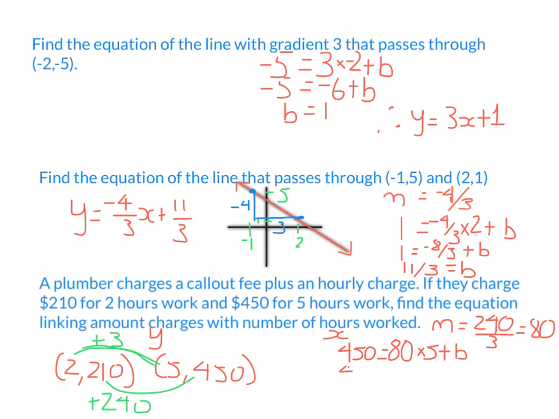I get 450 equals 80 times 5 is 400 plus b. And of course, that means b equals 50. So this plumber charges $80 per hour plus a $50 call-out fee. So the equation is the amount charged is equal to $80 per hour plus $50.